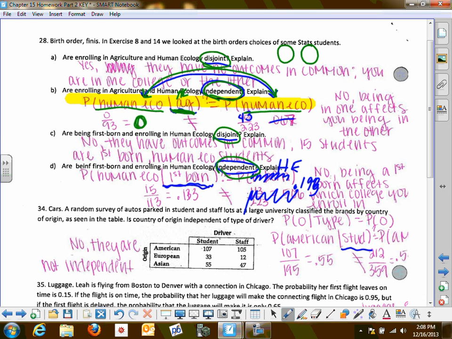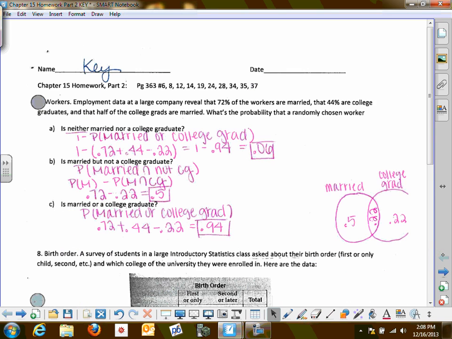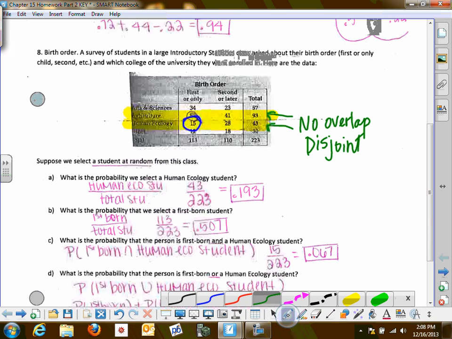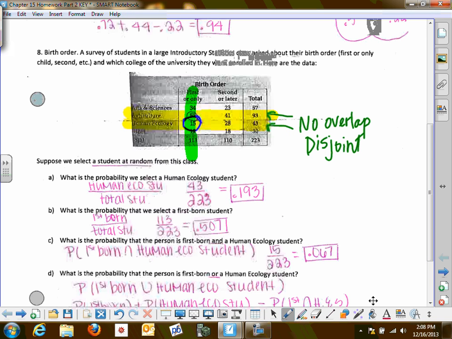All right. Now, the next two parts have to do with firstborn and human ecology. So here's what happens on that. Let's look at the picture, the chart on the front. Firstborn is right here, okay? Firstborn and human ecology have an overlap.